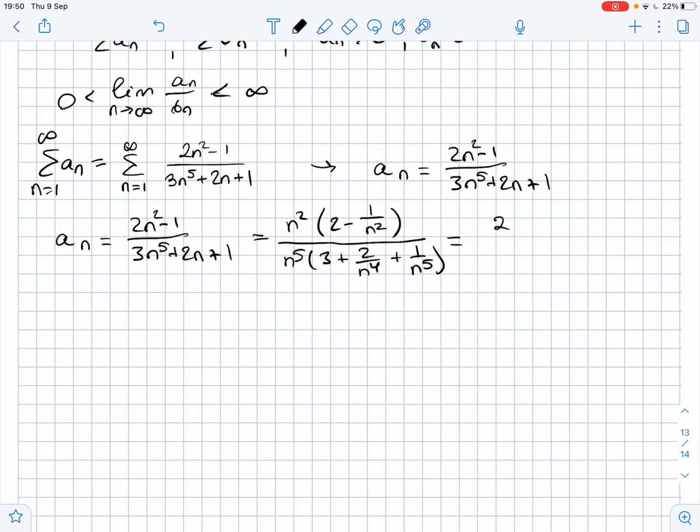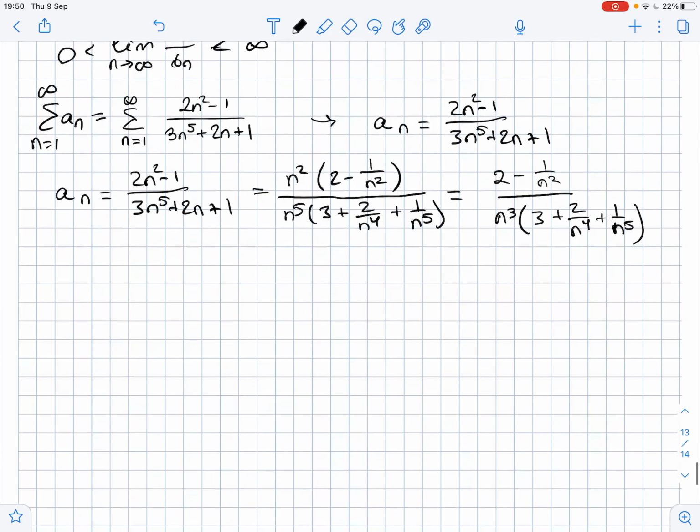So it equals (2 minus 1 over n squared) over n cubed times (3 plus 2 over n to the 4th power plus 1 over n to the 5th power).